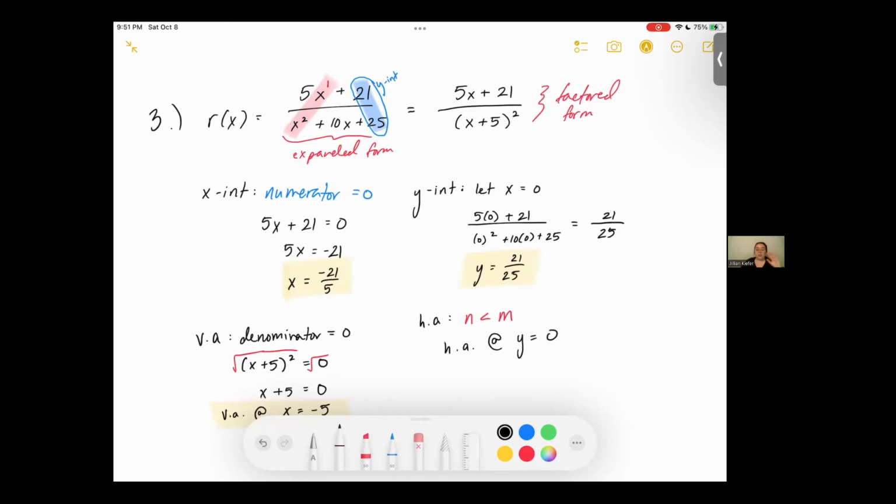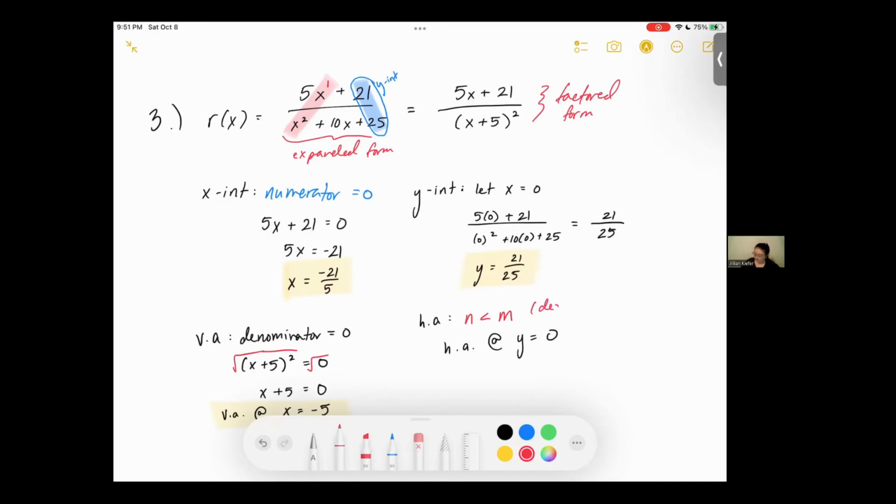If the degree of the numerator is less than the degree of the denominator, y equals 0. If they're equal, you divide the coefficients. If the degree of the numerator is greater than the degree of the denominator, then you don't have a horizontal asymptote. So let's write that next to it.